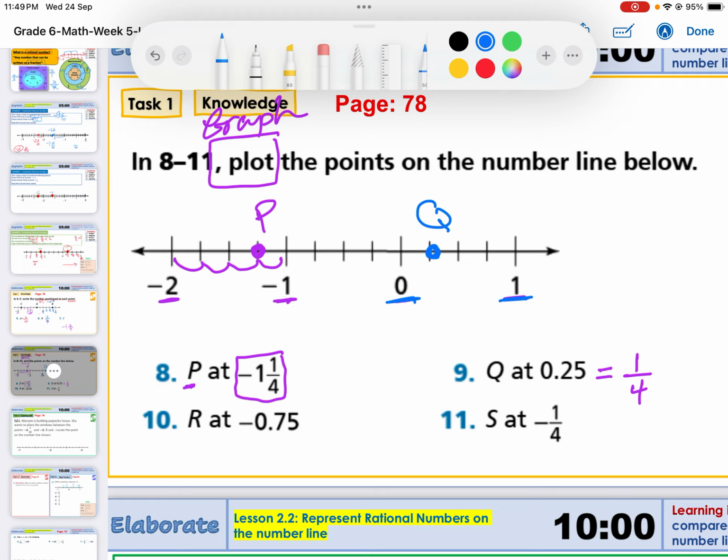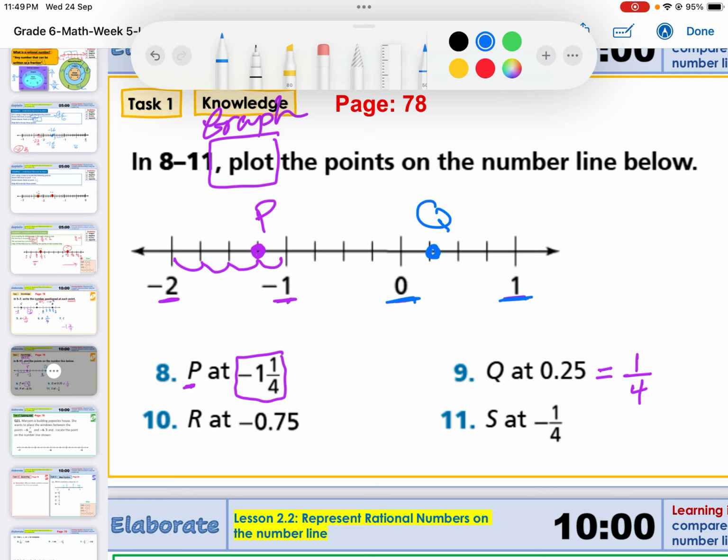So, negative 3/4 is less than a 0. We're gonna start counting from 0. Okay, let's go. 0, negative 1/4, negative 2/4, and negative 3/4. That will be my point. It's gonna be located here. I'm gonna call it point R.